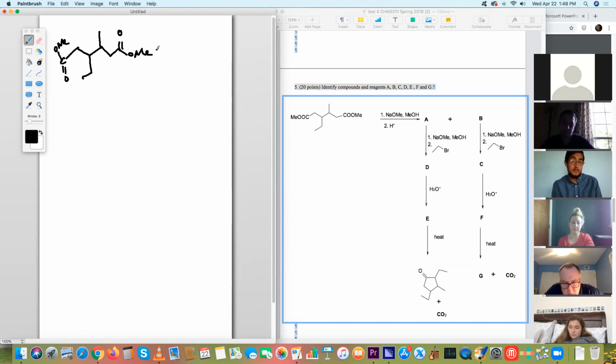Does anybody have any questions so far? So what I would encourage you to do then is to number this chain, number it from one end to the other. So start from 1, 2, 3, 4, 5. Nope, sorry, 6. There we go, 5 and then 6, and you skip one there.